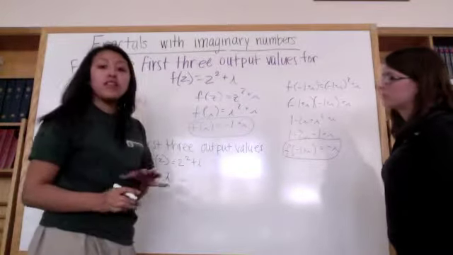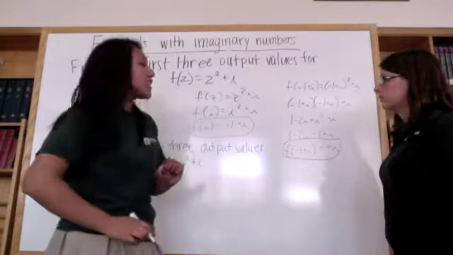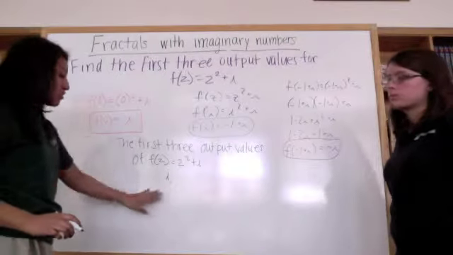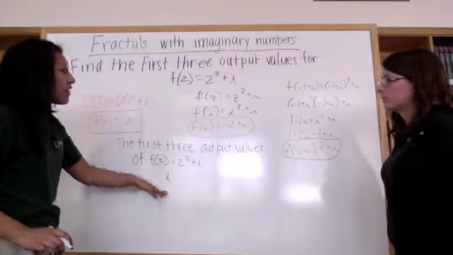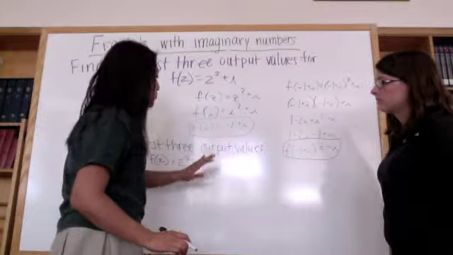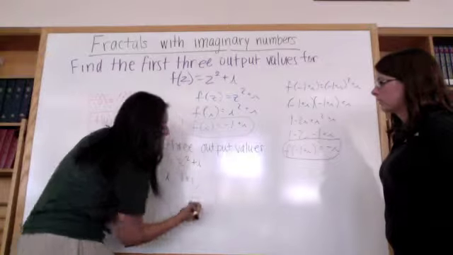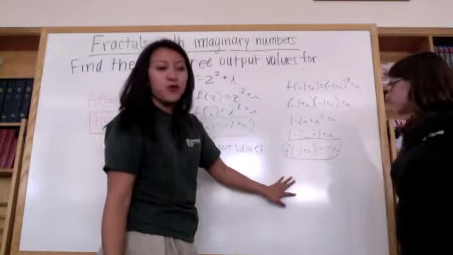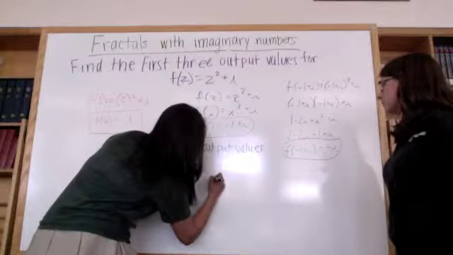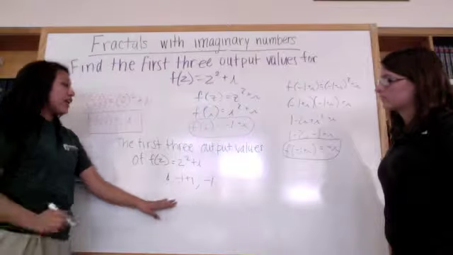And remember, when listing your three output values, you have to write them in the same order you found them. So our first output value will be placed first, our second output value will be placed second, and our third output value will be placed third. This is our answer now.